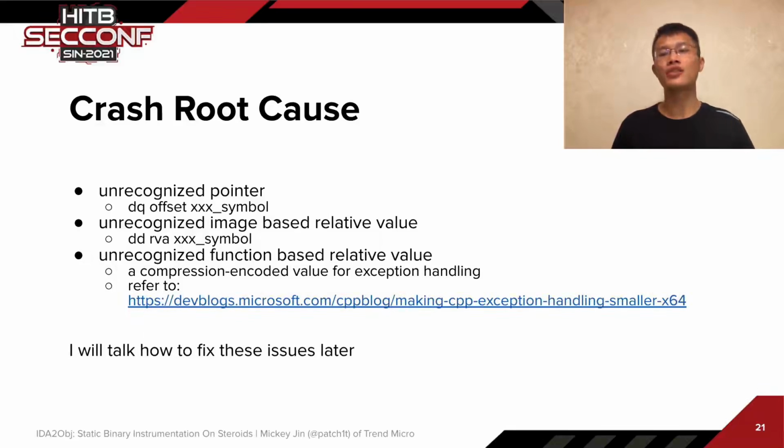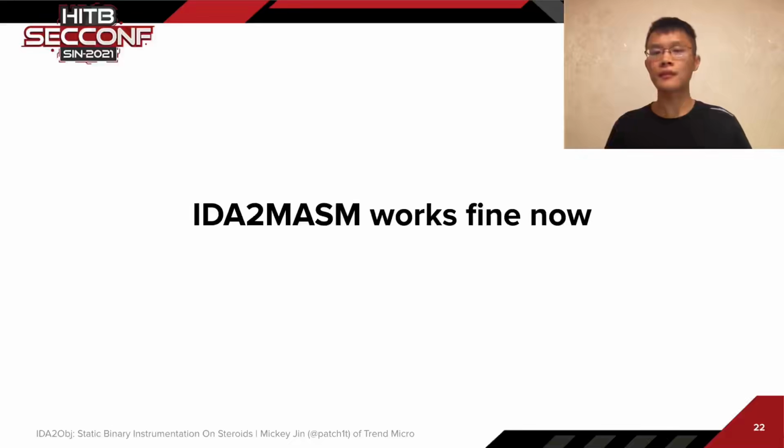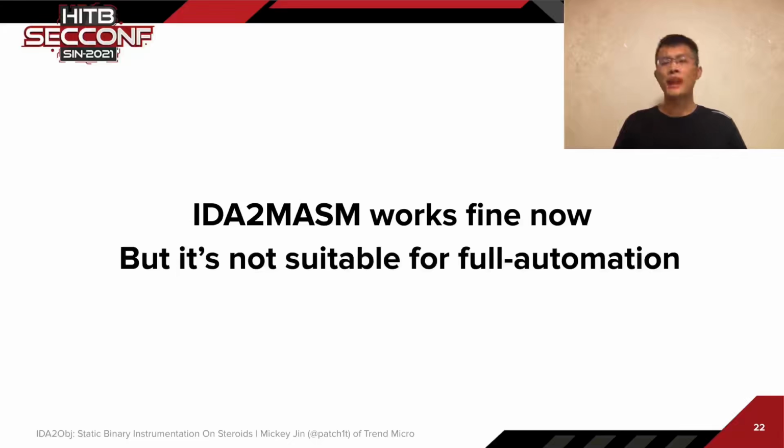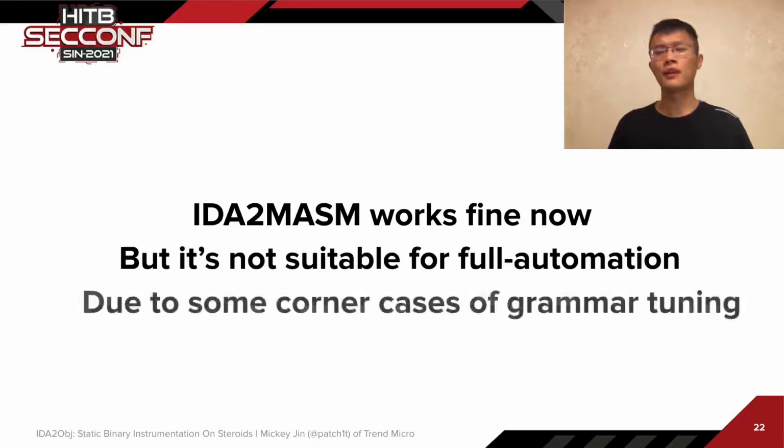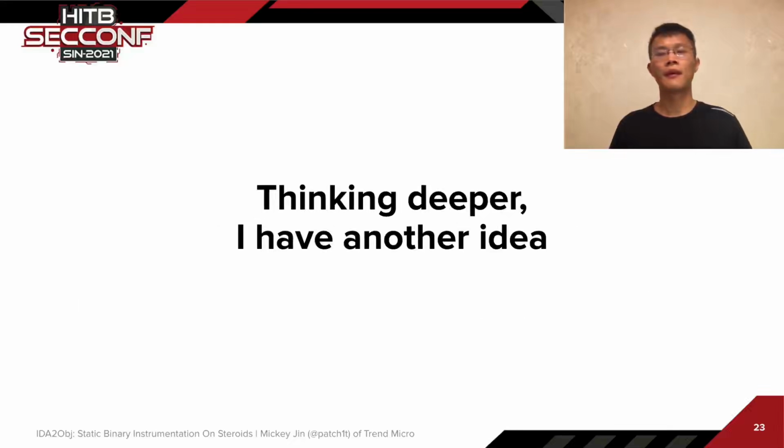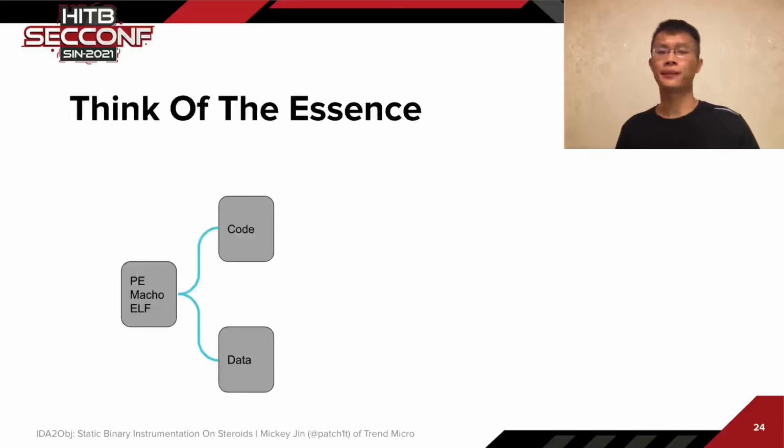IDA2MASM now works fine, but it's not suitable for full automation due to some corner cases of grammar tuning. Thinking deeper, I have another idea. Let's think of the essence. A binary can be divided into two parts, the code and the data.